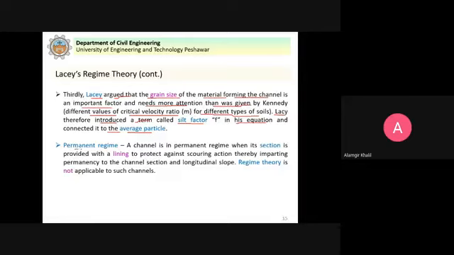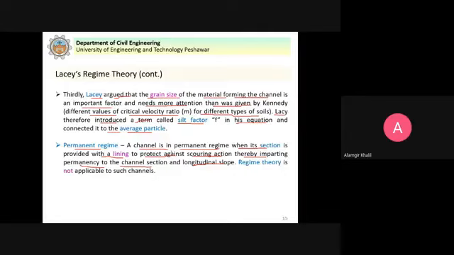Next, we defined the permanent regime. A channel is in permanent regime when its section is provided with a lining to protect against the scouring action, thereby imparting permanency to the channel section and longitudinal slope.